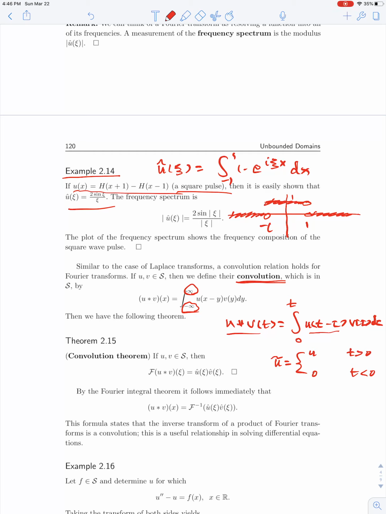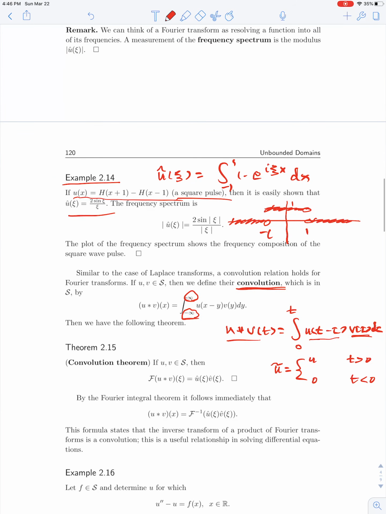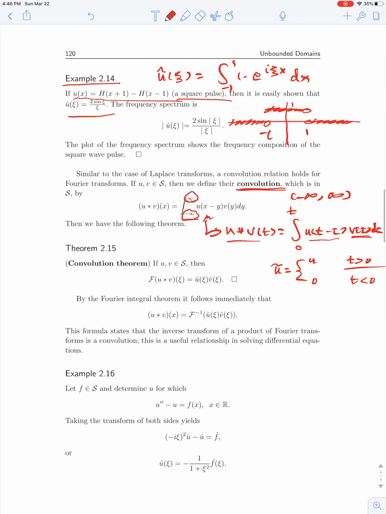That is why the integral is to t, and tau cannot be less than 0, because otherwise this term would be 0. These two definitions of convolution are consistent with each other. It's just that for the Laplace transform case, the function is defined only when t is greater than 0, but in this case, u is defined from negative infinity to positive infinity. So that is the difference.